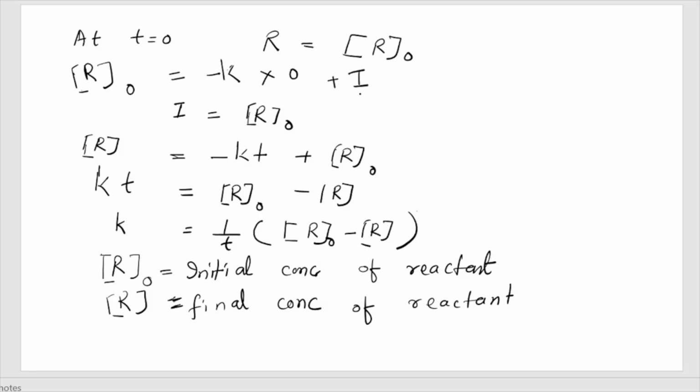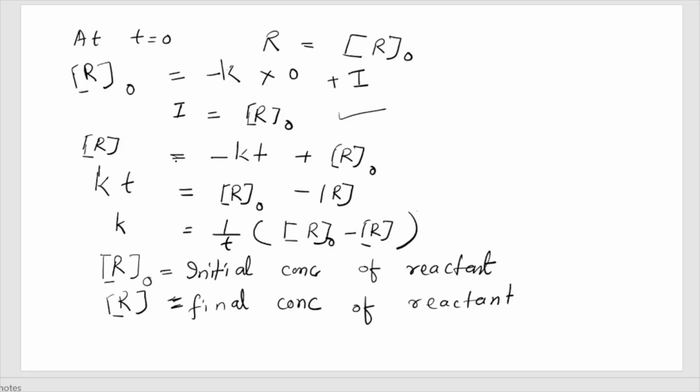And plus I, then I equals, what is the I value here? [R]0, the molar concentration, that is the initial concentration. That means you are calculating the value of I in terms of reactant, and that value at time equal to 0. Are you clear?